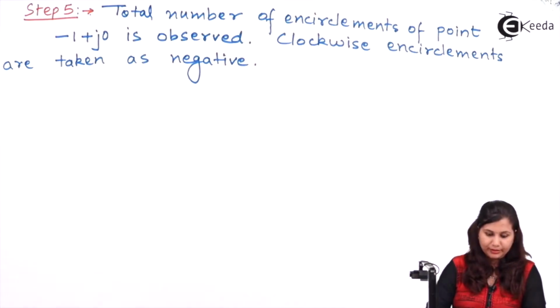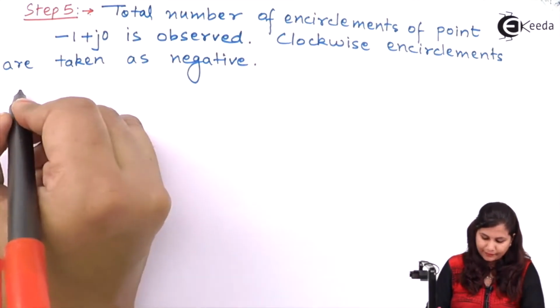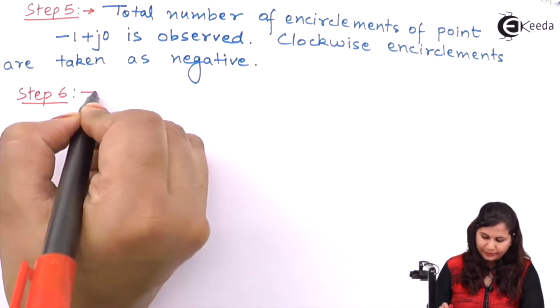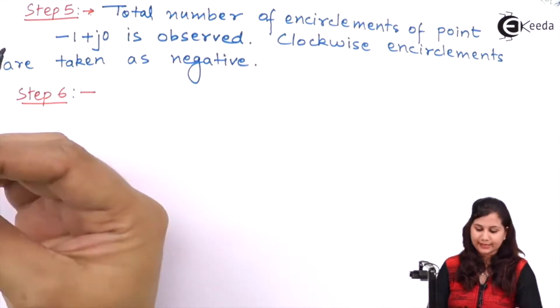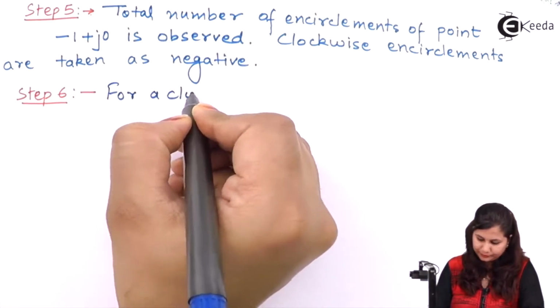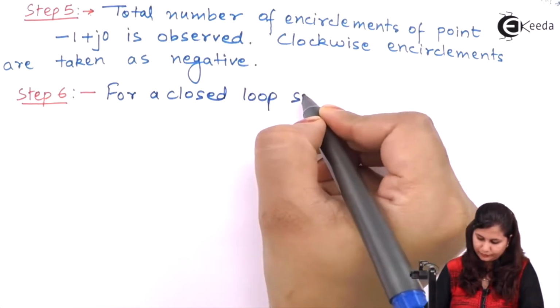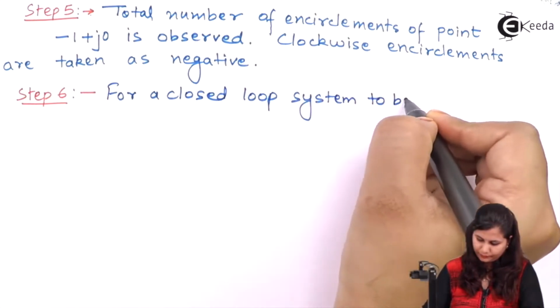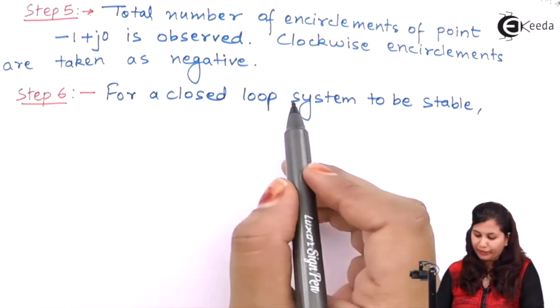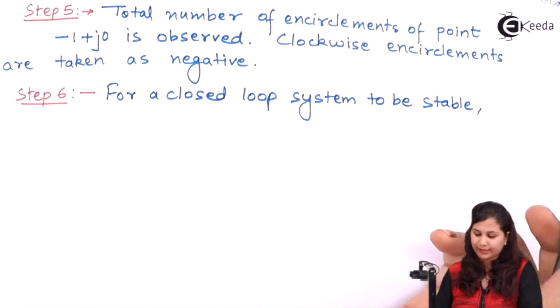Now step number 6 is for a closed loop system. In step number 6, we are going to find out the stability of the system.